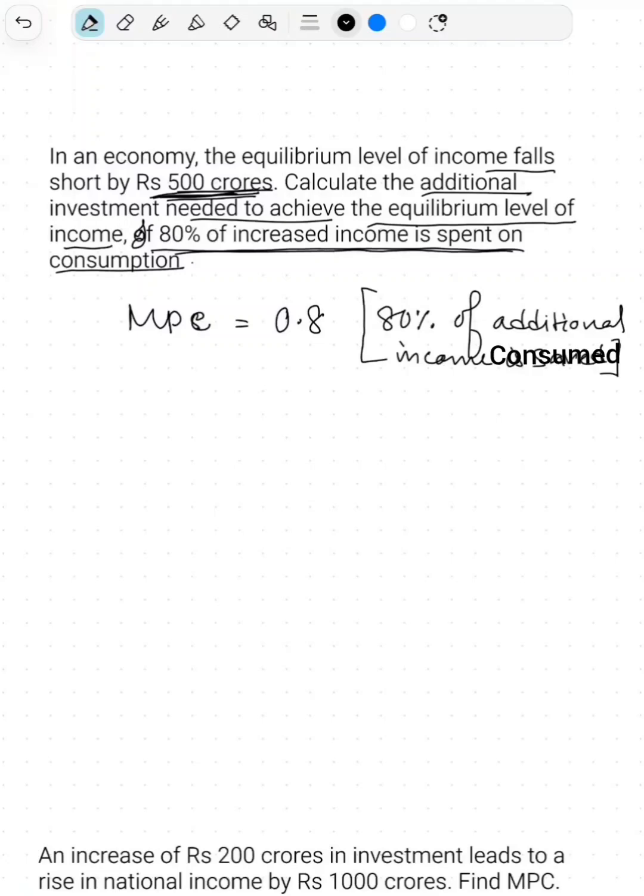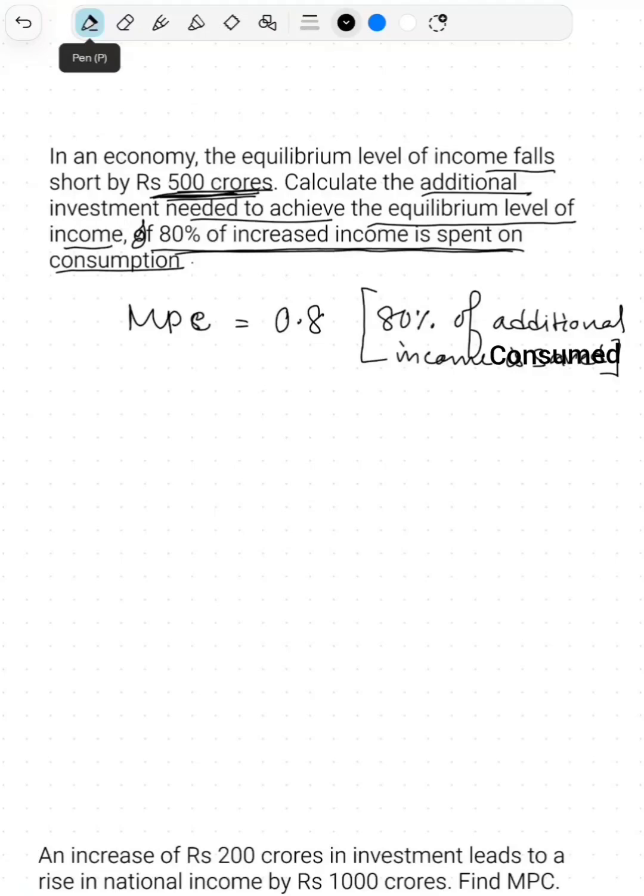So it is 0.8. 80 divided by 100, the zero cancelled, and we get the answer as 0.8. So now we get MPC as 0.8.